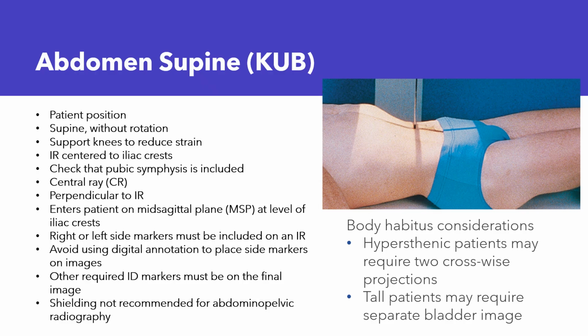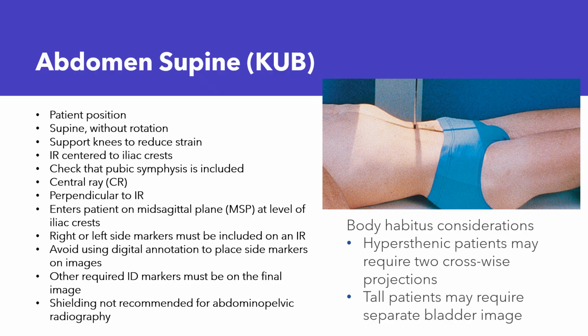Avoid using digital annotation to place side markers on images. Post-processing annotation for left and right side markers does not meet the legal standard for radiographic image marking. That's why we make you buy X-ray markers with your initials on them, because that is the legal standard for radiographs. Every radiograph you take in clinical education and for the rest of your career should be annotated with radiopaque markers.